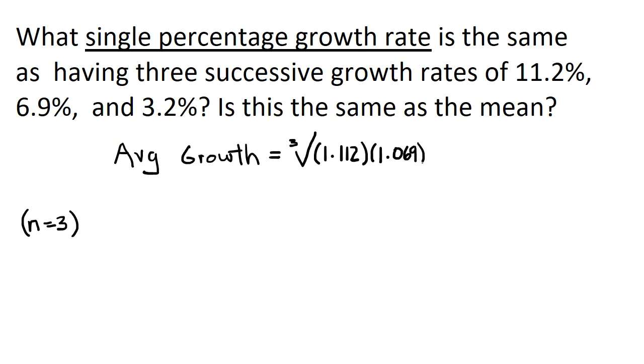I'm going to multiply that, and then 3.2 into a decimal, divided by 100, so that's 1.032. I'm going to multiply those 3 together and take the cubed root. If n equals 4, I have to take the 4th root. If n equals 5, I'd have to take the 5th root.